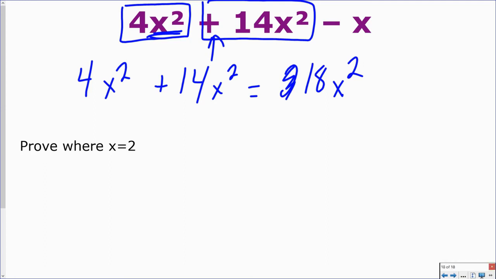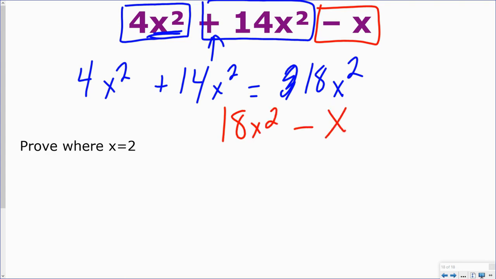And then I still have some things left, so we'll take a look at those. And I have just an x here, and so it would be minus x. And so my simplified expression would be 18x squared minus x. So again, I can put a 2 in for x to see that they are equivalent.